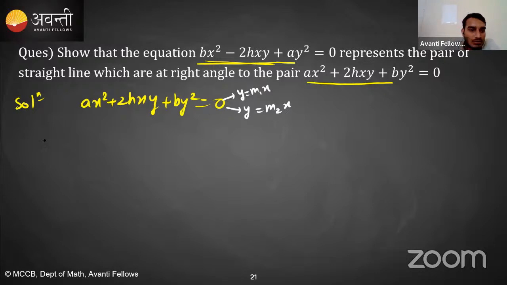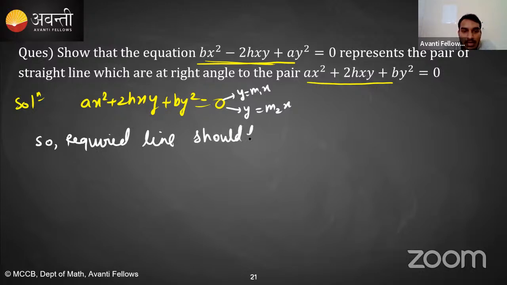The required lines should have slopes of minus 1 upon m1 and minus 1 upon m2. This is what the question is saying. It represents a pair of lines which are at right angles.